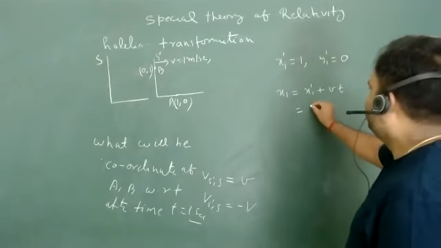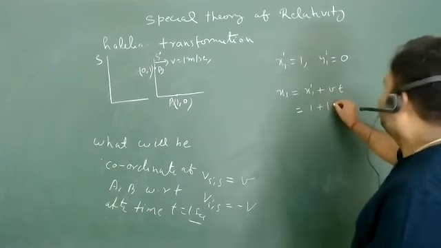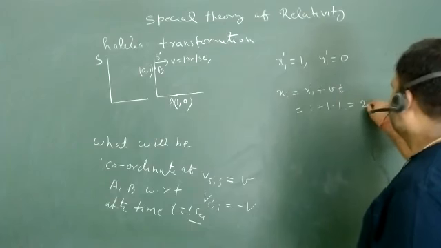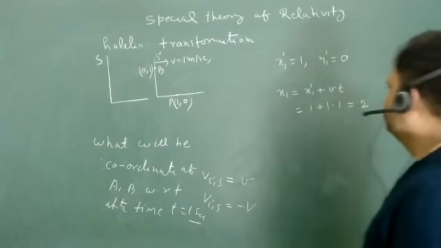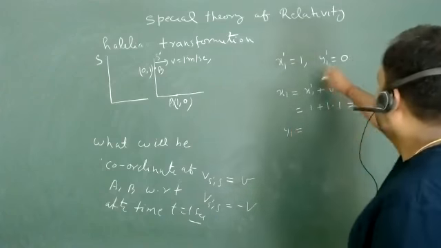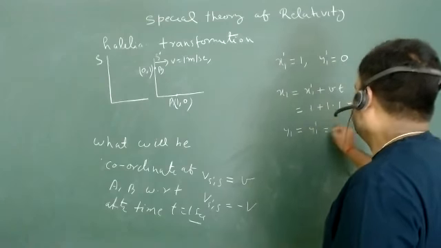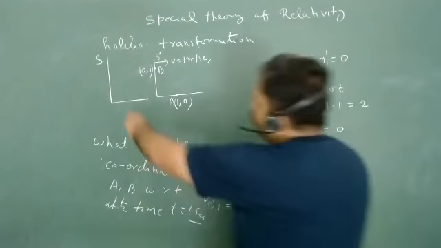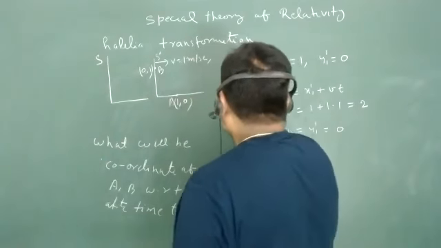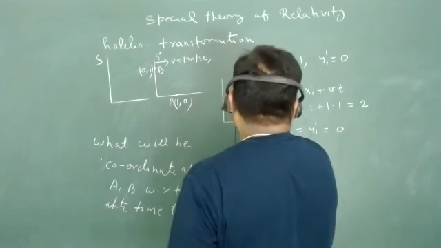So what is x1 dash? 1 plus v is equal to 1 meter per second and t is equal to 1. That will be 2. And what will be y1? What will happen to y1? y1 is equal to y1 dash. That will be 0. So from S frame, अगर S frame में आप देख रहे हो, then this point will appear somewhere something like 2 and 0.